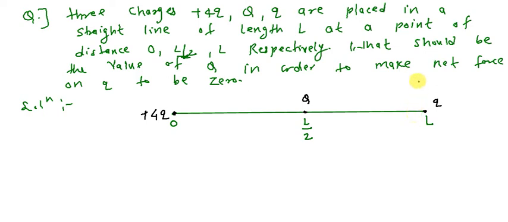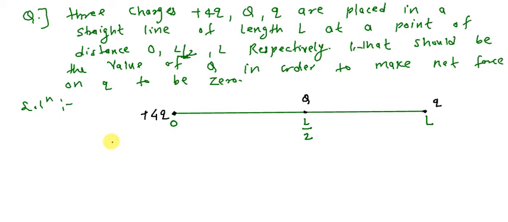The concept is, when is a force 0? Force is 0 when two equal forces are acting on an object in opposite directions.